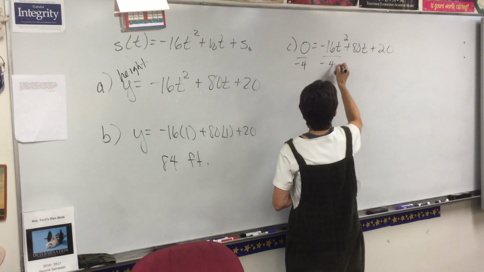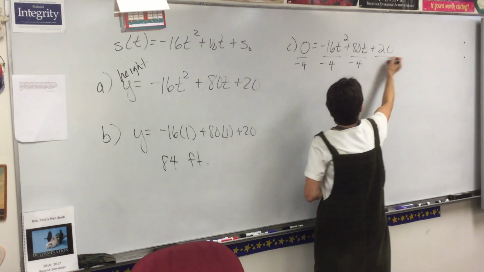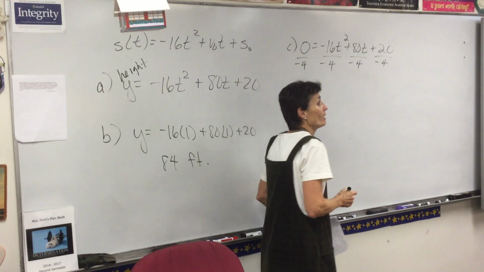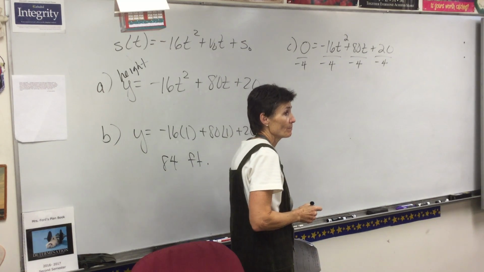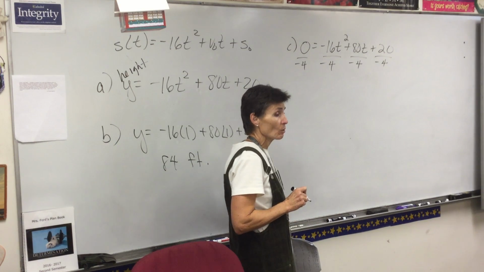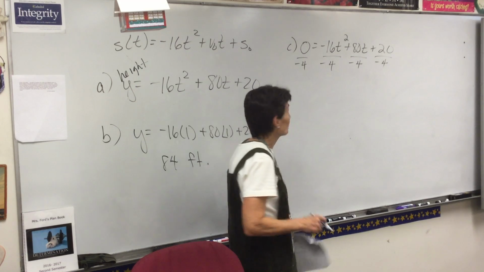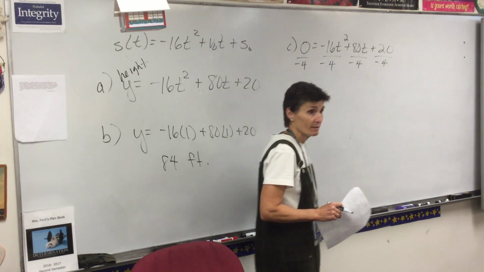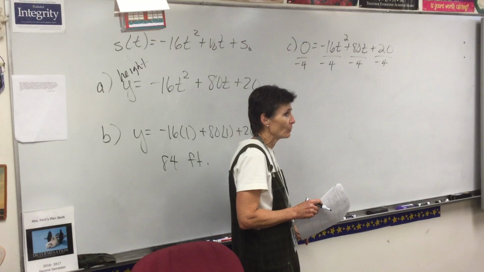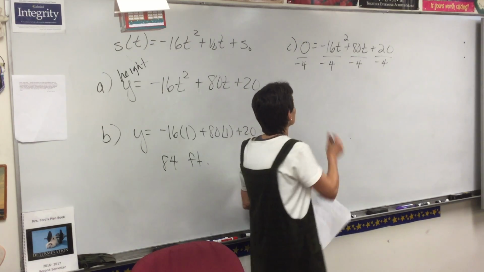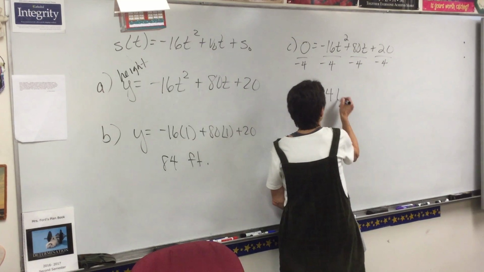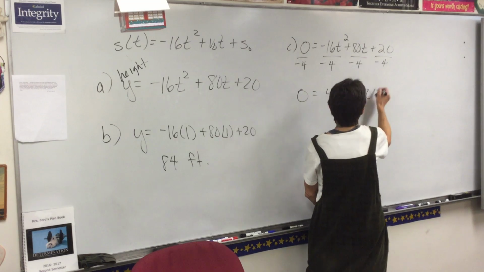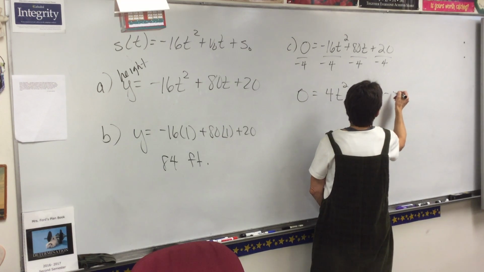You do not have to do this, but it's going to make your numbers a lot smaller. We're probably going to end up using the quadratic formula. I really don't want to be squaring 80. I have a calculator, I could do it, but the numbers are just going to get big. So I'm going to divide. And now my equation, it's still big, but it's better.